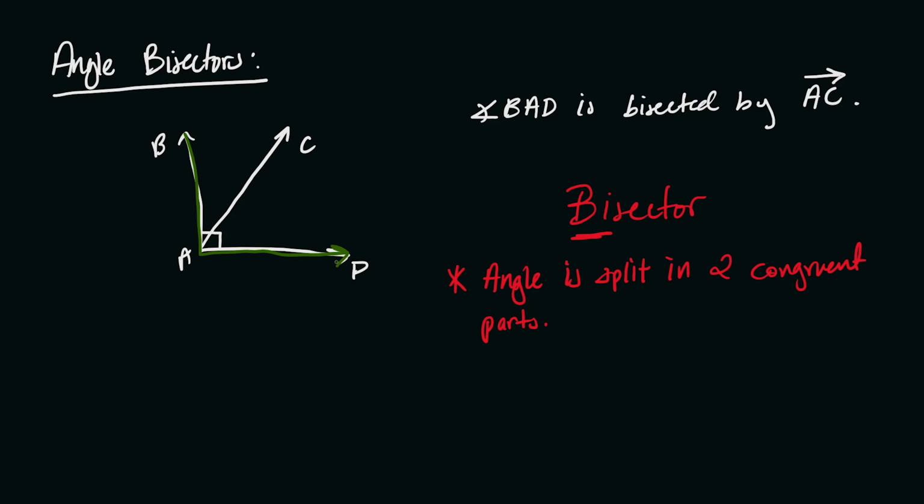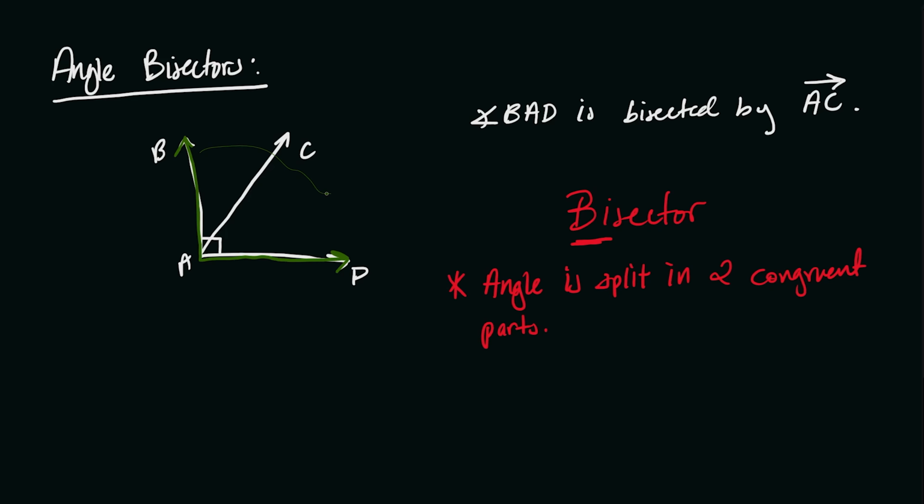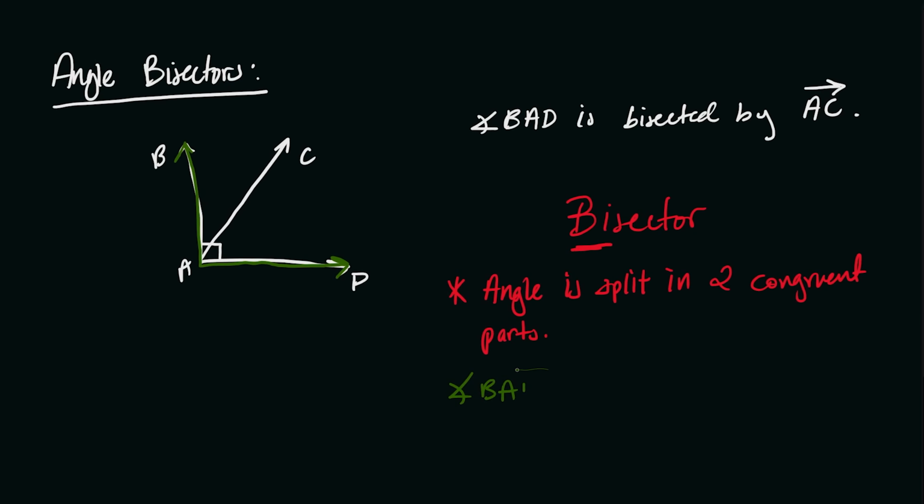Since angle BAD equals 90 degrees, we can say that since ray AC is bisecting angle BAD, BAD is split into two equal parts.